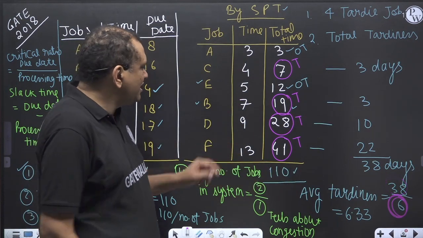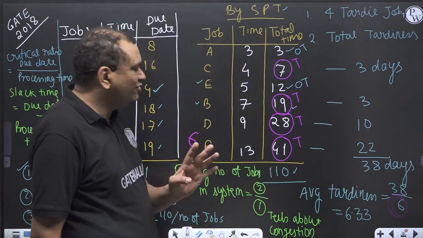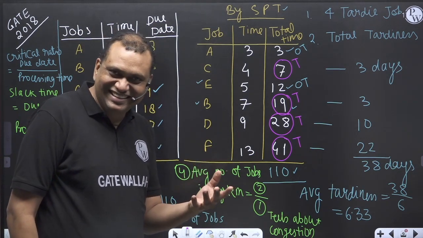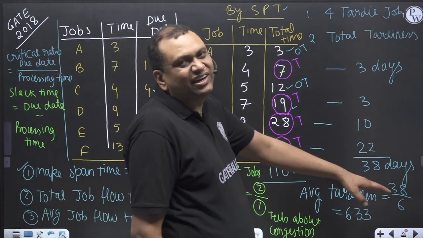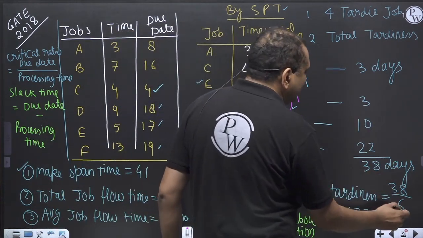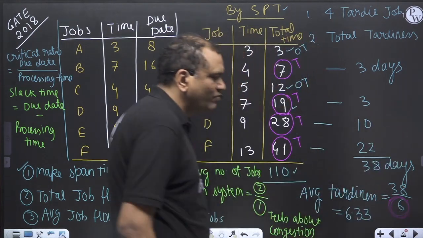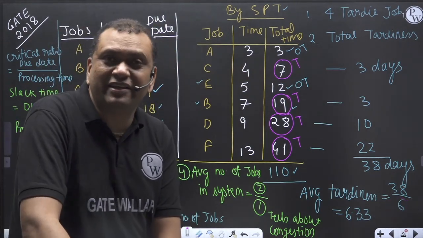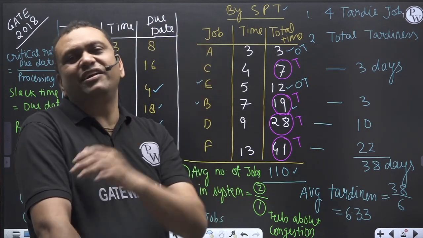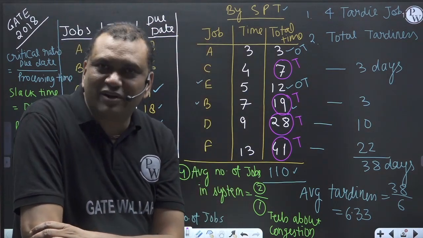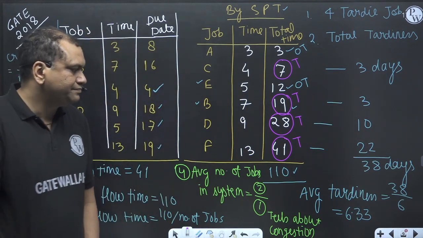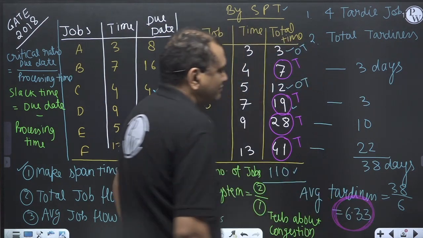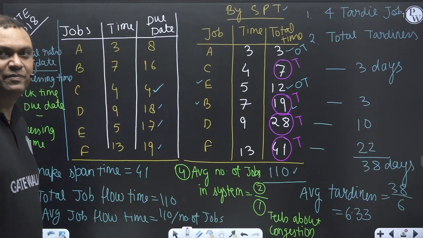Remember, this number of jobs is the total number of jobs, 6, not 4. 4 jobs are tardy, but the number of jobs is 6. So to calculate the average tardiness, we have to divide by the total number of jobs, not the jobs that are tardy. So average tardiness is 6.33.